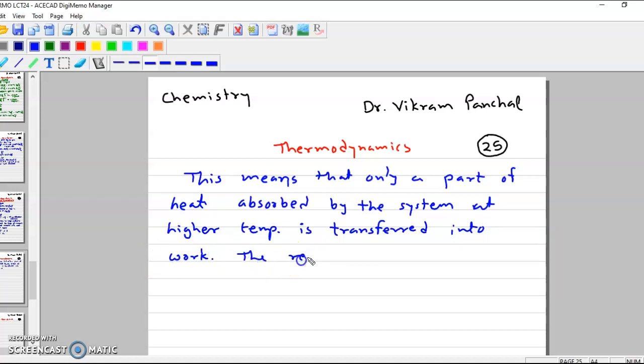The rest of the heat is given out to the surroundings.